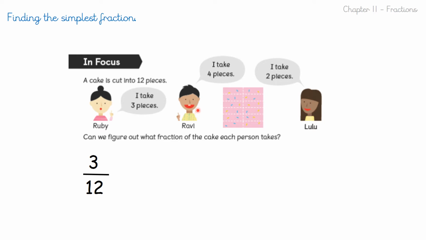If Robbie takes 4 pieces out of 12, he's going to take 4 12ths. And Lulu takes 2 pieces of the cake, so she's going to take 2 12ths, 2 out of 12.